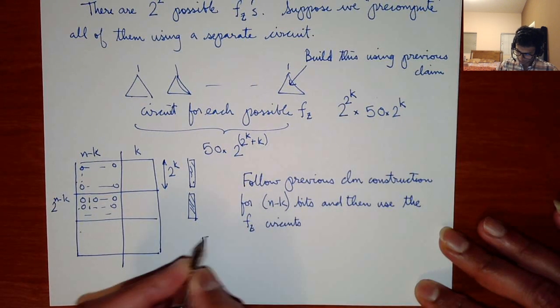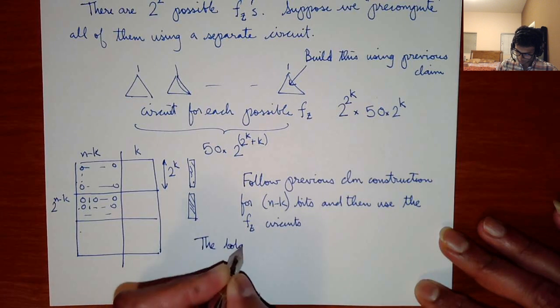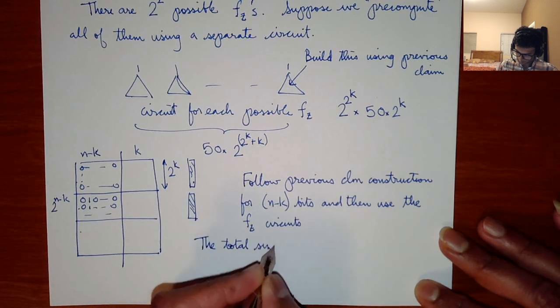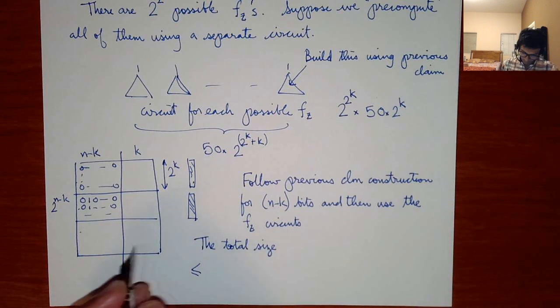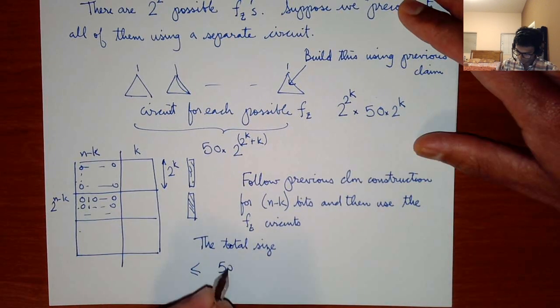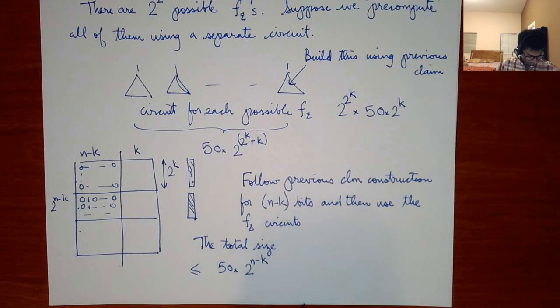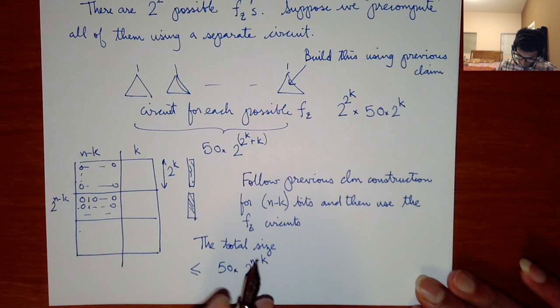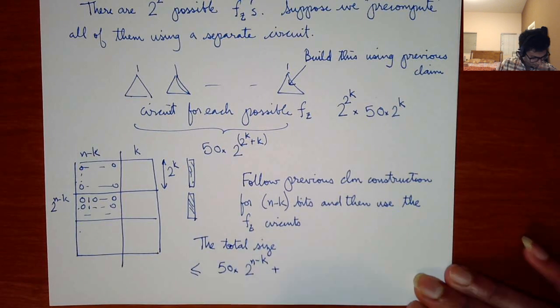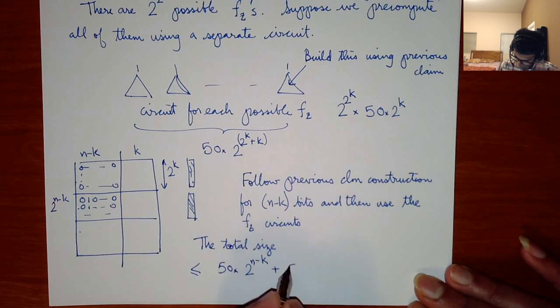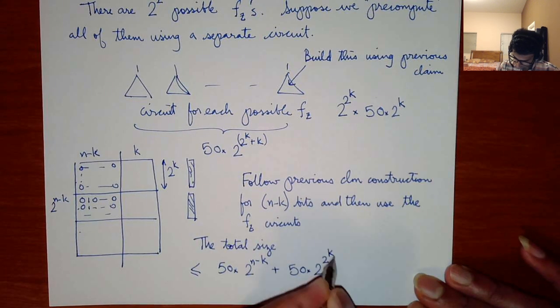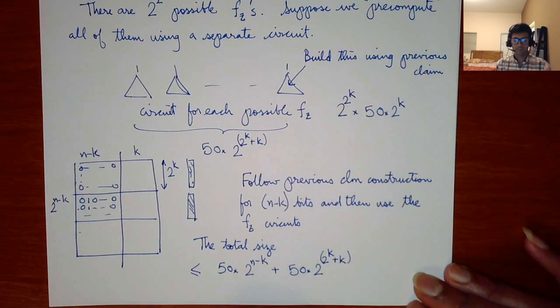The total size is at most, so we have the size of the earlier part is going to be 50 times 2 to the n minus k, plus, we'll get from here 50 times 2 to the 2 to the k plus k.